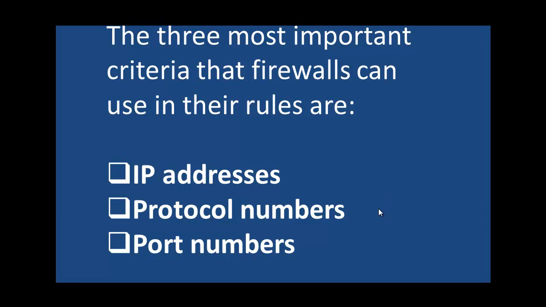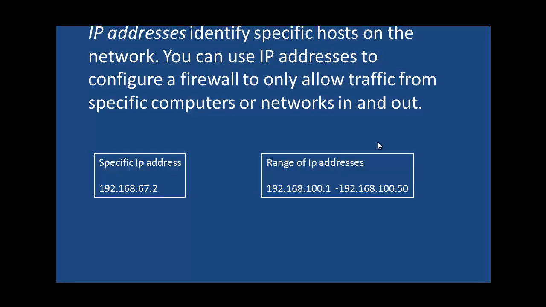The three most important criteria that the firewalls can use would be the IP addresses, the protocol numbers, and the port numbers. Let's take a look at what that means. Let us start with the IP address.